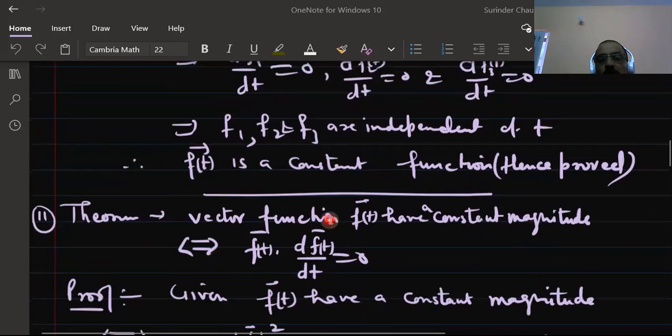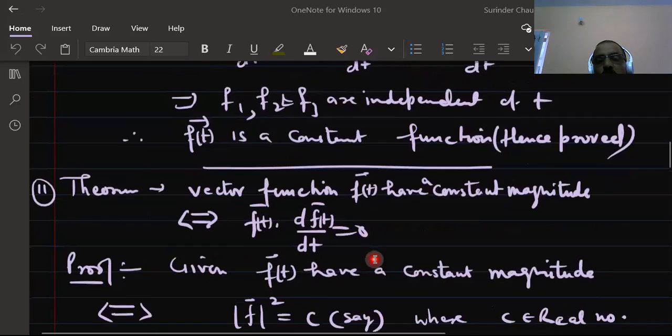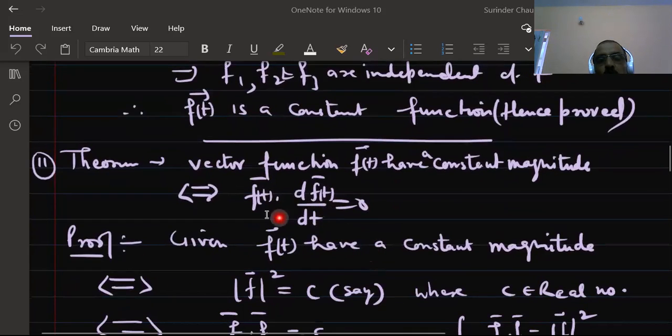So if the derivative of a vector with respect to the scalar variable is 0, then the vector function is a constant function. Now the second part: the vector function f(t) has a constant magnitude but variable direction, if and only if f vector dot d f vector by dt is equal to 0. Now again we'll prove both parts.